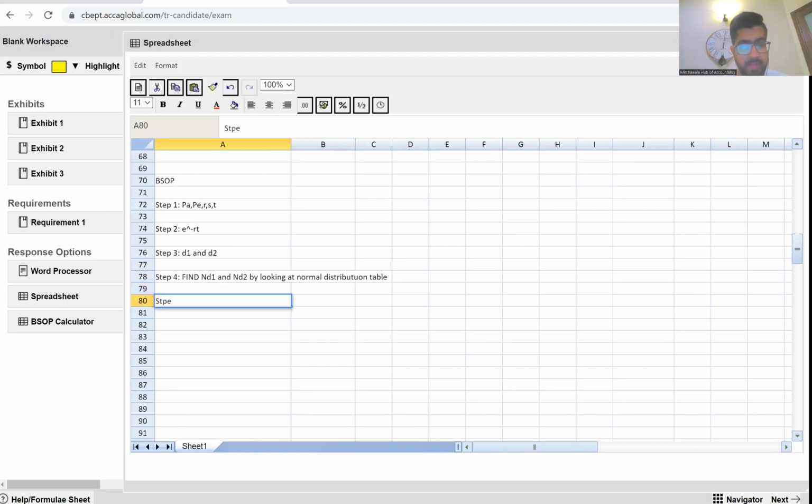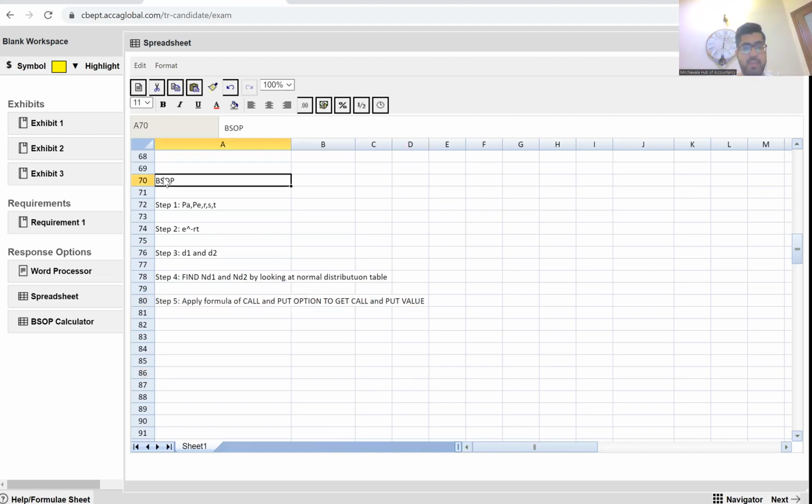And in step 5, we used to apply the long formula of call and put option to get call and put value. These are the 5 steps of BSOP, which every student has studied through me, through others.